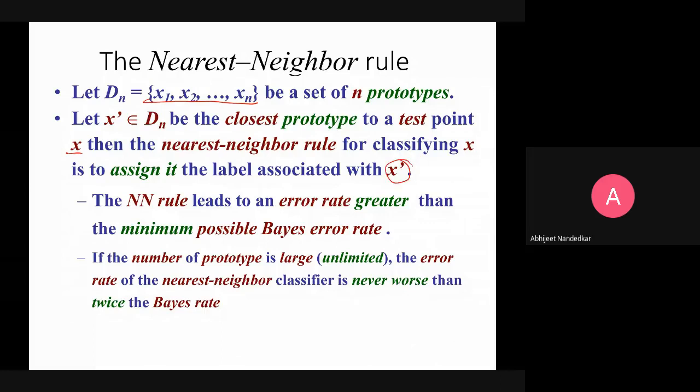So if this is your input x, which is to be classified, and this is the x dash, which is the closest sample from your data set, then take the label of this, suppose Li, and assign it to x. So that is what we are going to do. This is taking into account only one sample around this x, which is the closest.